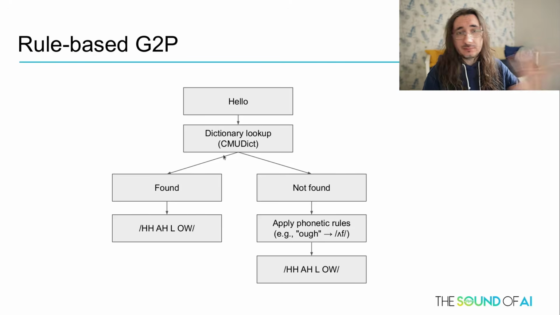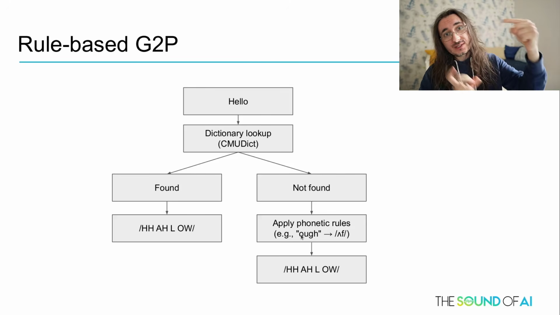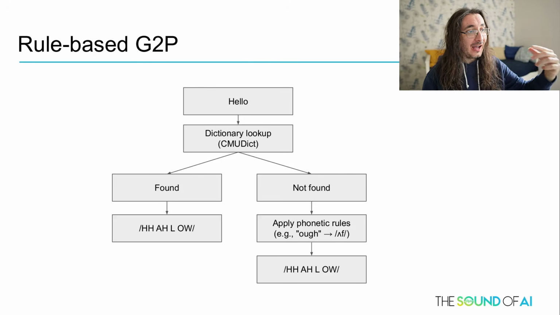If the word is found, then you just get the phoneme. Fantastic, that's a perfect transcription, right? But if it's not found, you apply handcrafted phonetic rules. For example, O-U-G-H gets transformed into that phoneme, and you get the transcription.